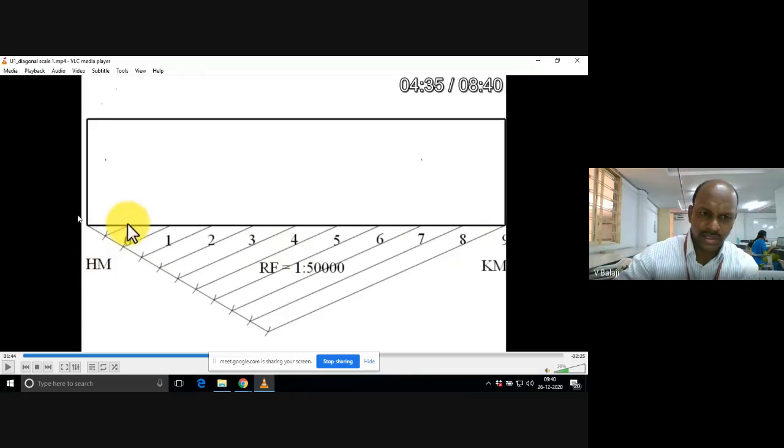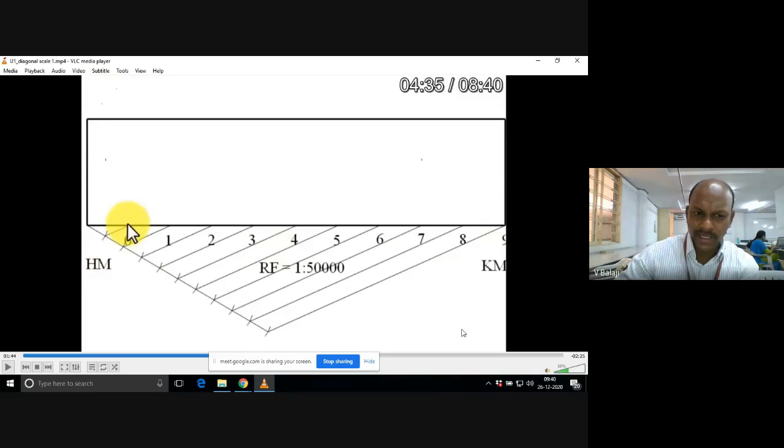So in case of plane scale, what is the height of this rectangular box? How much did we take? 20 mm, okay, or 30 mm also you can take. Now, in case of diagonal scale, you can choose 40 mm or 50 mm height.